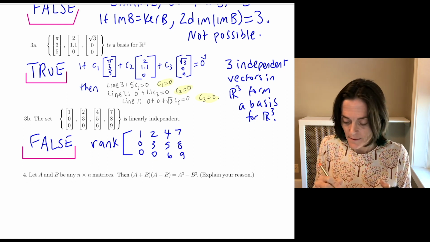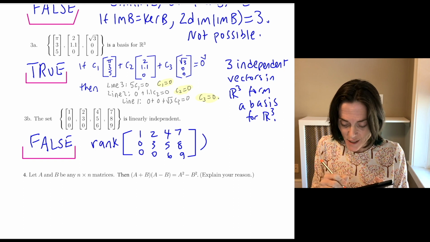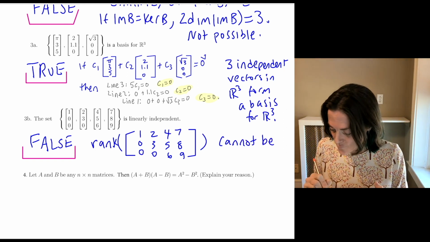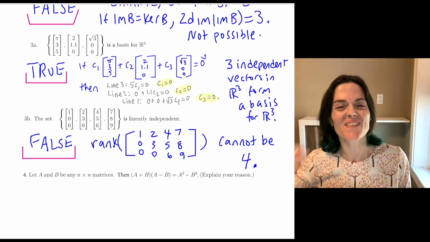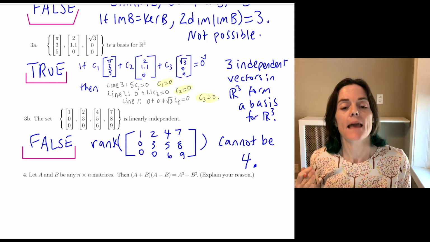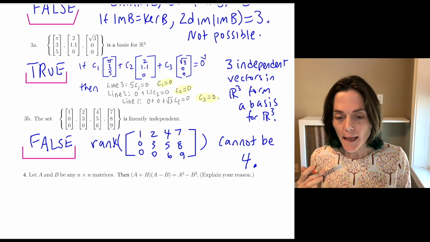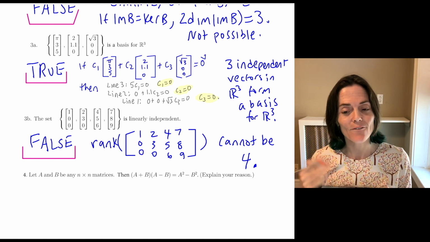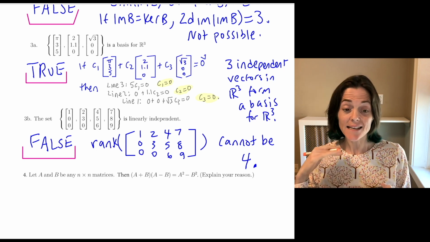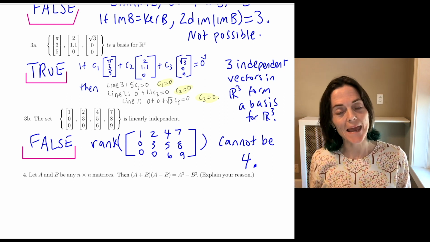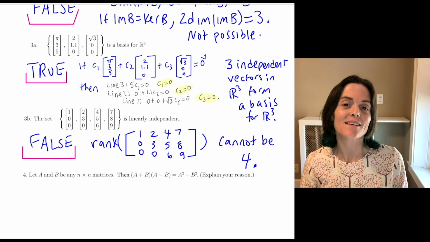The rank of this matrix cannot be 4. We would need it to be the rank equal to the number of columns to have a linearly independent collection. And this matrix cannot have rank 4. It's only 3 rows.